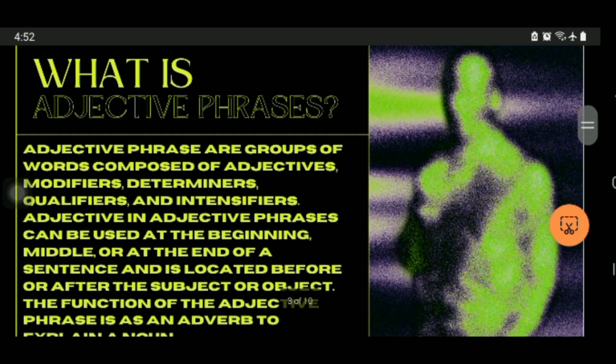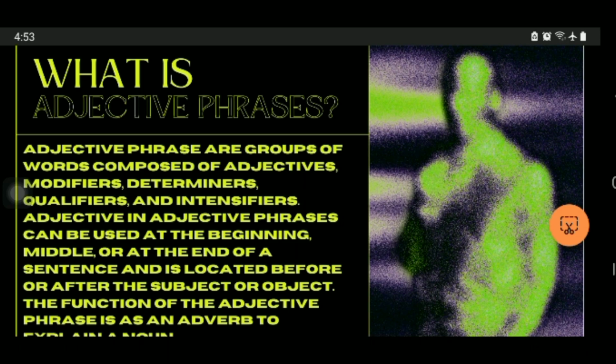So, what is adjective phrases? Adjective phrases are groups of words composed of adjectives, modifiers, determiners, qualifiers, and intensifiers. Adjectives in adjective phrases can be used at the beginning, middle, or at the end of the sentence, and located before or after the subject or object.